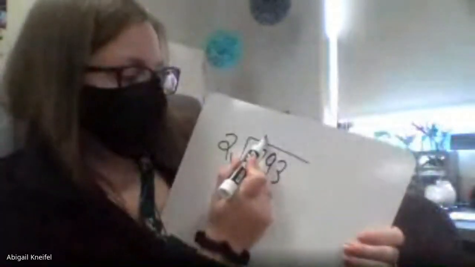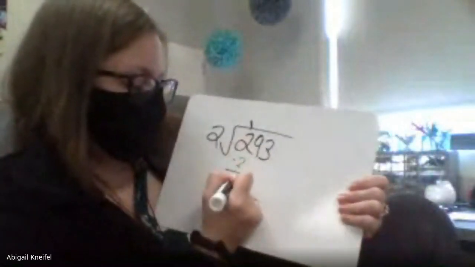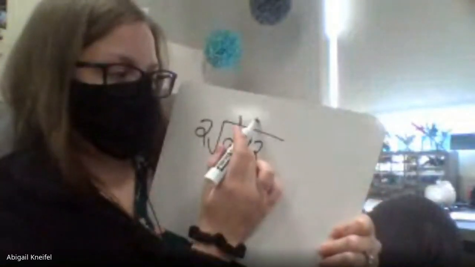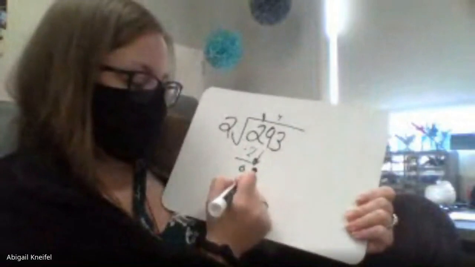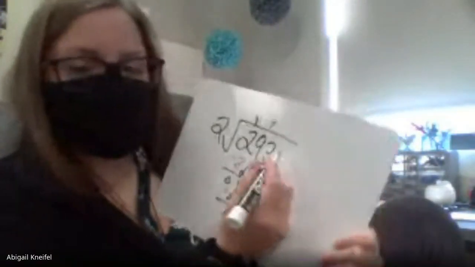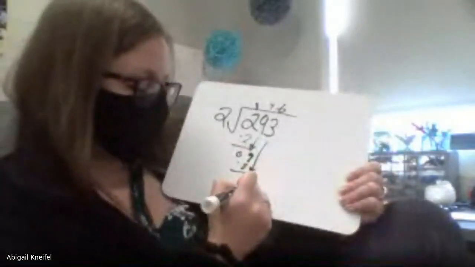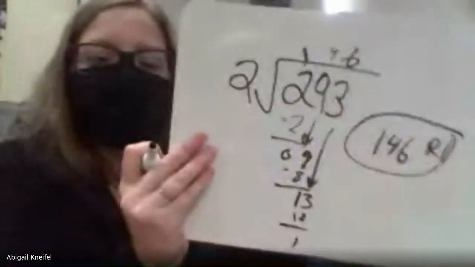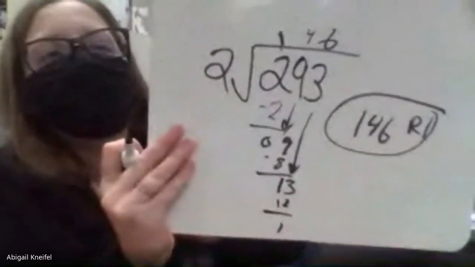Okay, 2 goes into 2 one time. 2 minus 2 equals 0. Bring down my 9. 2 can go into 9 4 times. 2 times 4 is 8. 9 minus 8 equals 1. Bring down my 3. 2 goes into 13 6 times, which equals 12. 13 minus 12 is 1. 146, remainder 1. Let me see your boards.